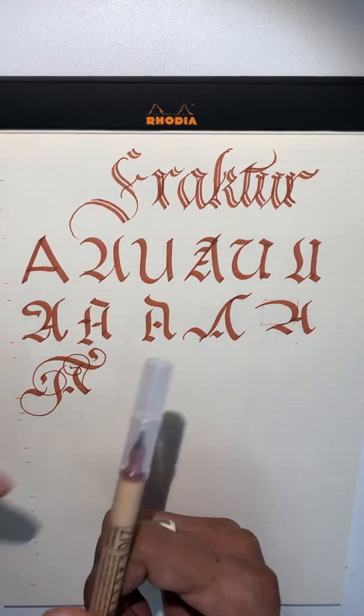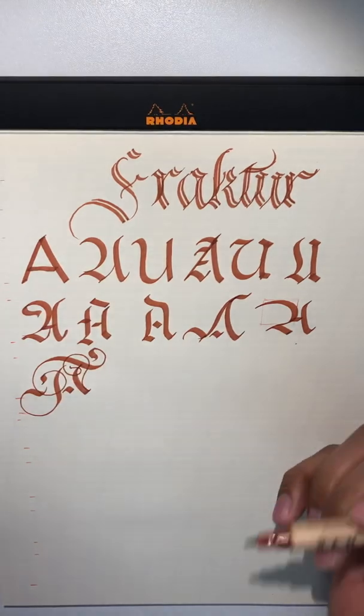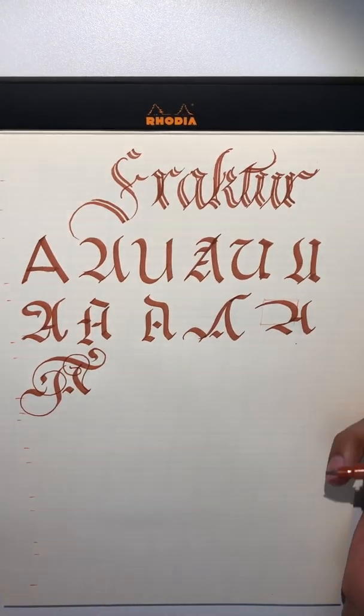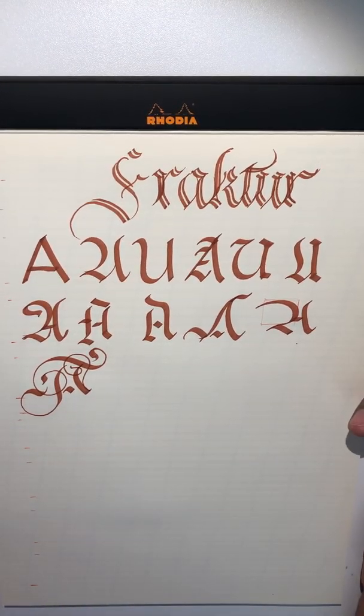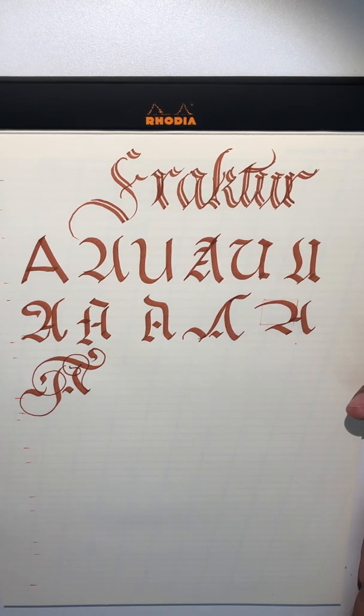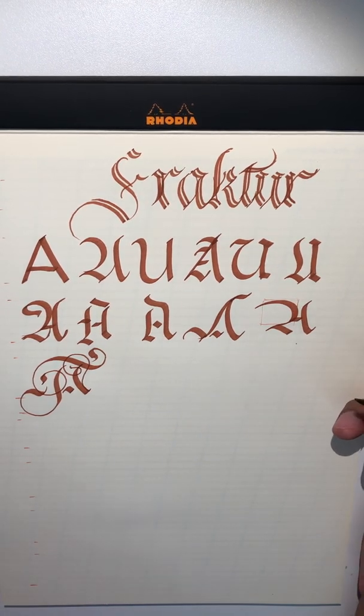Now I'm using a Zig Calligraphy 2 marker. Ideally, I generally don't work with markers. I would normally work with a quill or a dip nib like a Speedball C series nib, or possibly a William Mitchell round hand nib, or a tape or browser nib.